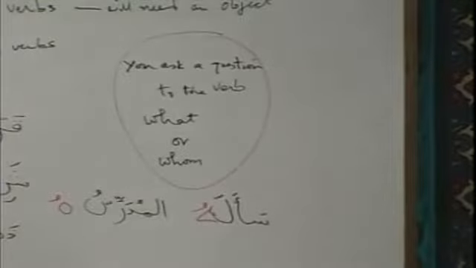muttasilun. Remember, in the beginning we did damirun munfasilun, which is huwa huma hum, hiya huma hunna. And then what is the form of the same damir, but instead of marfu, mansub or majrur? What is the form?